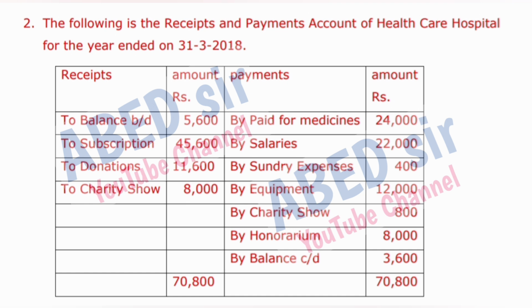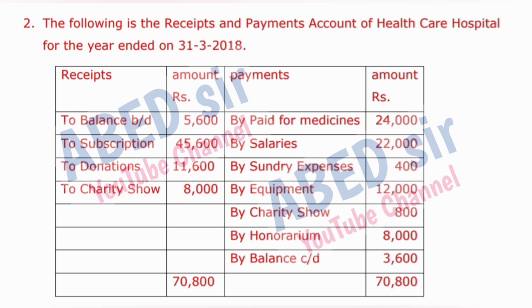To subscription 45,600, by salaries 22,000. To donations 11,600, by sundry expenses 400. To charity show 8,000, by equipment 12,000. By charity show 800. By honorarium 8,000. By balance CD 3,600.